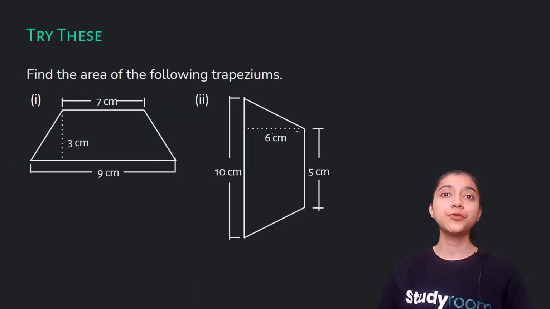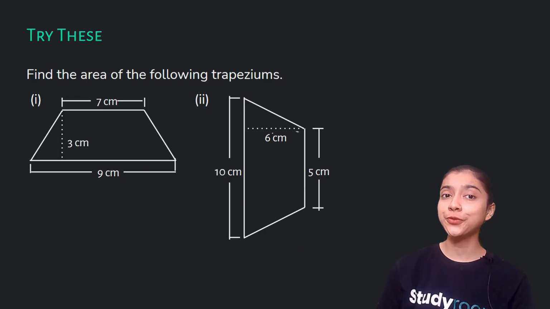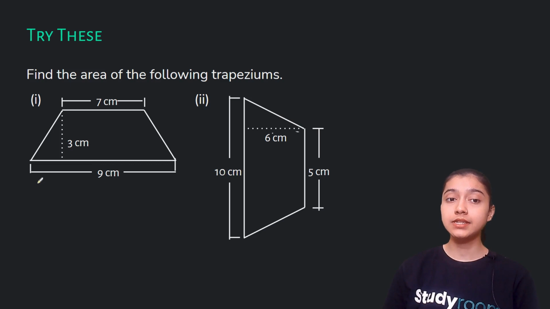Now that I've taught you the formula of calculating the area of trapezium, let us calculate the area of the following trapeziums. So the first figure we have is this, where the lengths of the parallel sides are 9 centimeters and 7 centimeters and the perpendicular distance between them is 3. So for calculating the area, the formula is half into the sum of the parallel sides.